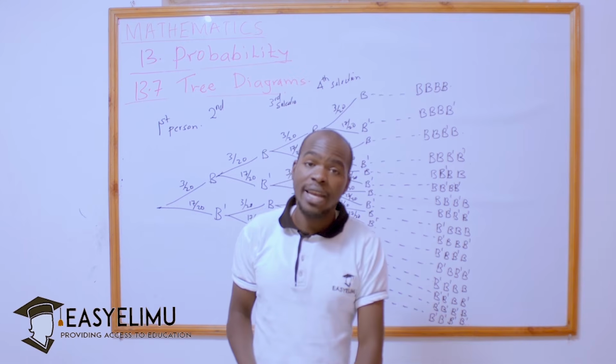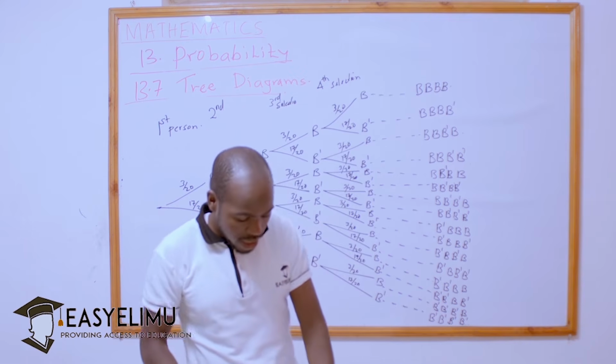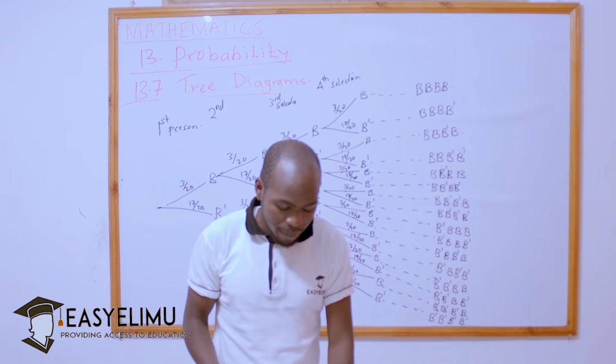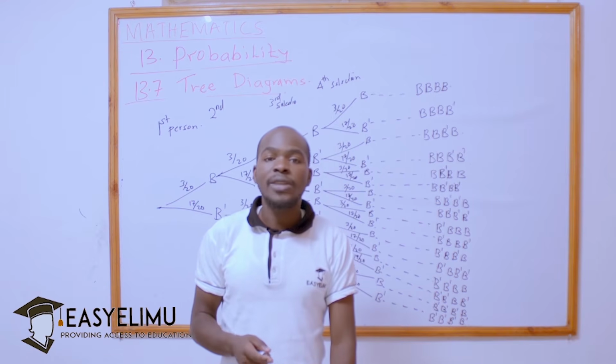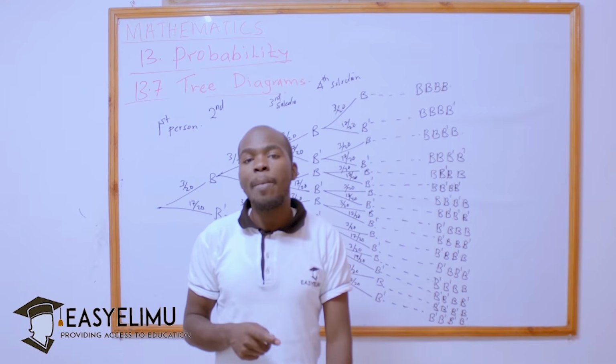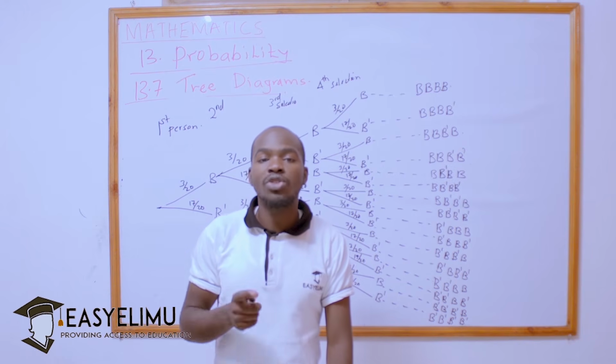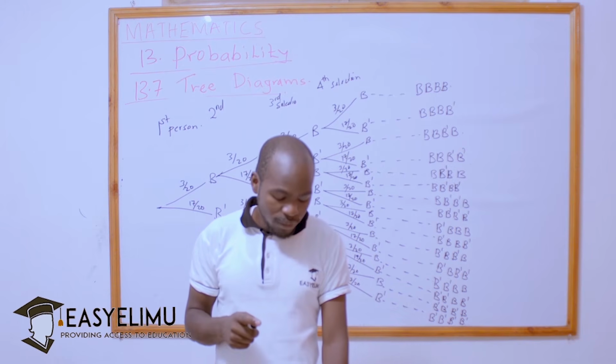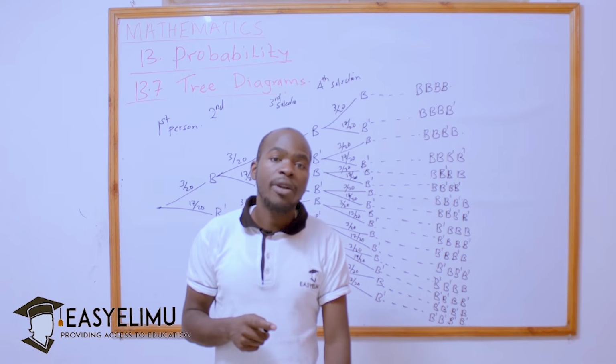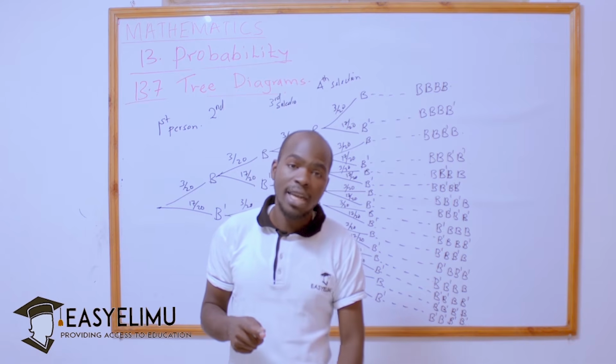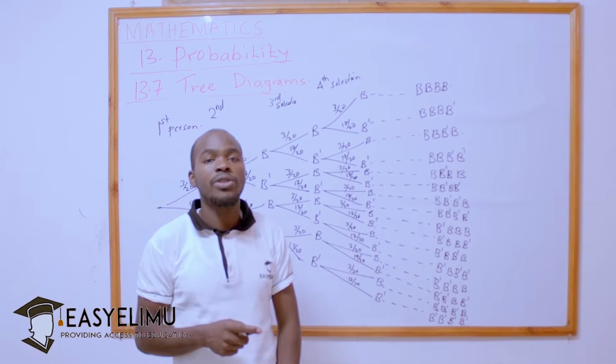And at least 2 are bald-headed. At least means the least number of people who are bald-headed is 2, so it is 2 and more. So this will be 2, 3, and 4 bald-headed. You calculate them using mutually exclusive events.